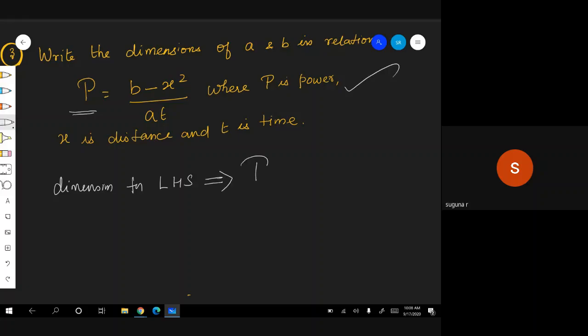P is not pressure, it is power. What is power? Work done by time. M1 L2 T minus 3. M L squared T power minus 2 is work done, divided by time. Are you following? Is it clear?